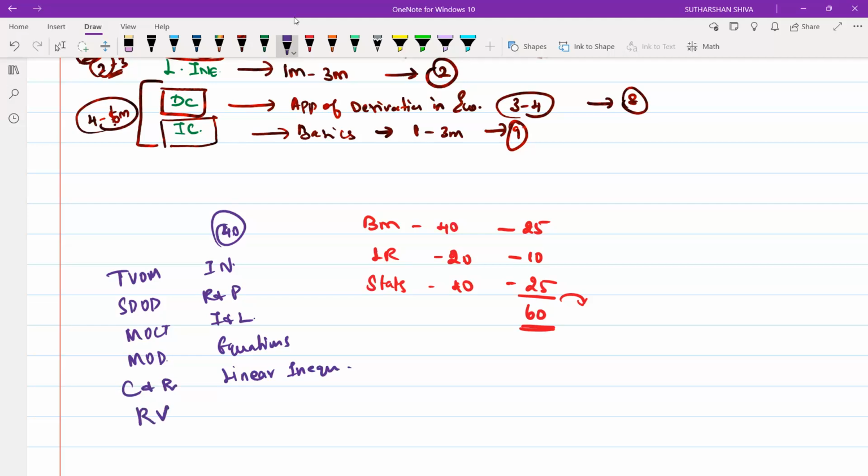Don't do any probability, only some random variable. Then application of derivatives in economics. Then sequence and series plus LR all topics.